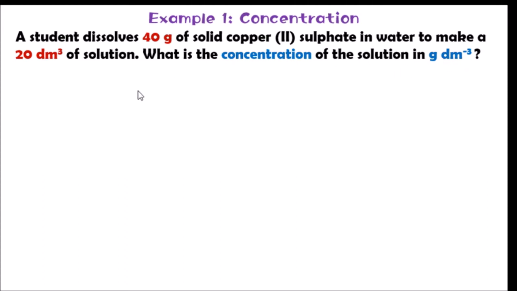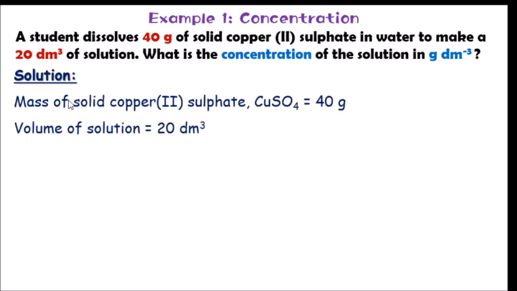The mass of the solid copper(II) sulfate, CuSO4, is 40 gram, and the volume of the solution is 20 dm³.